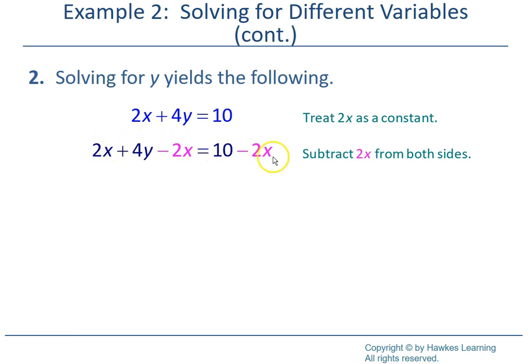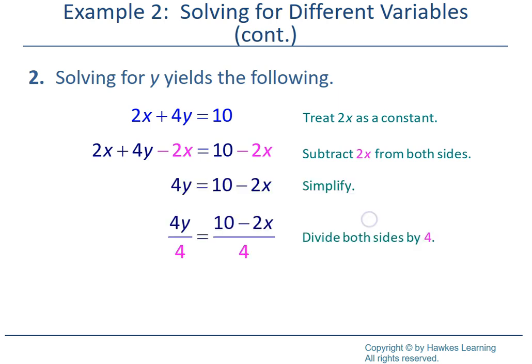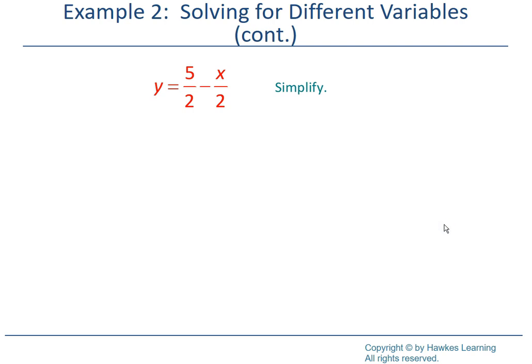Again, they're using this horizontal thing. I'm not sure why they're not introducing transposition, because by this time that should be a common way to move a term from one side of the equation to the other. And then you simplify, and there you get it.